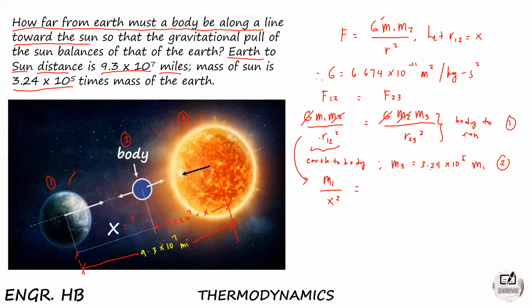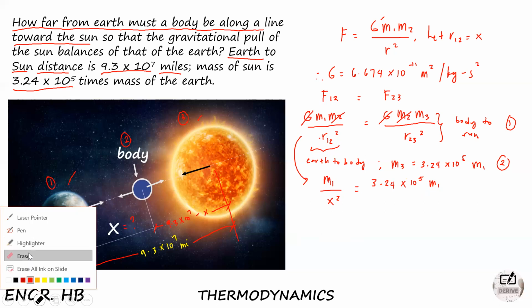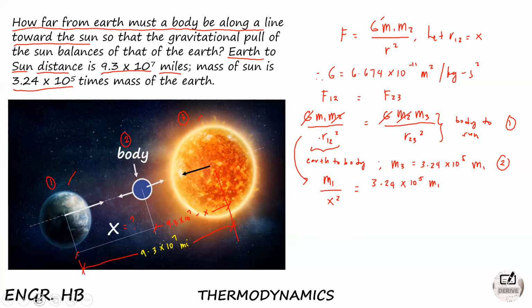And of course, mass of the Sun may given. So, that was 3.24 times 10 raised to 5 M1. So, M1. Okay, so that will be M1.